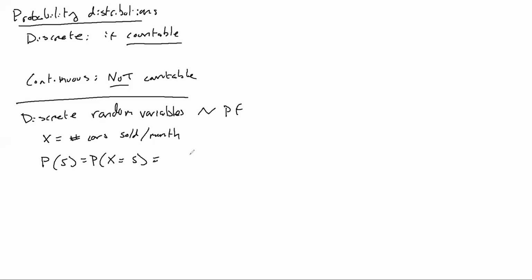This is going to be equal to some probability. It's going to be a number between 0 and 1. So the probability of big X being equal to a little x. X is the random variable, x would be the value. This is going to be between 0 and 1. This comes back from the rules of probability. So for any probability, it has to be between 0 and 1.